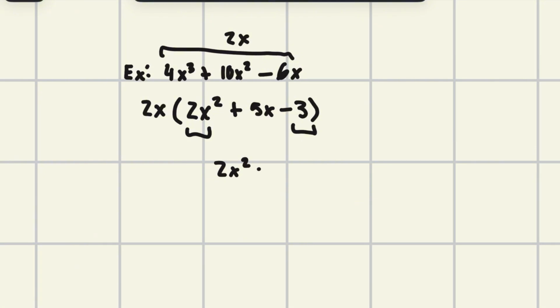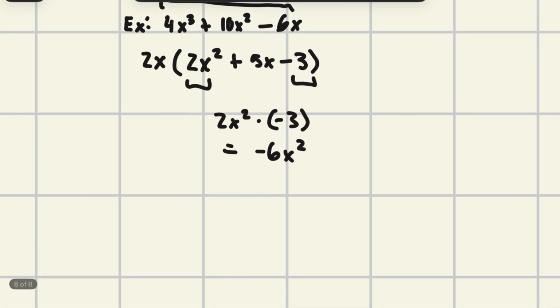We get negative 6x squared. Now we have to find two values that multiply to negative 6x squared, but also add up to 5x. Let's try 6x and 1x.